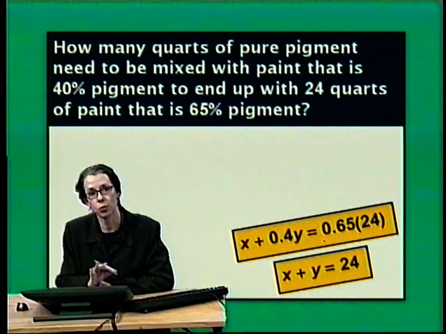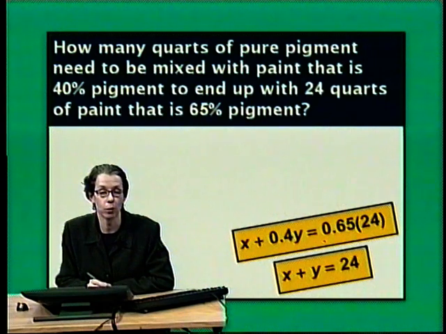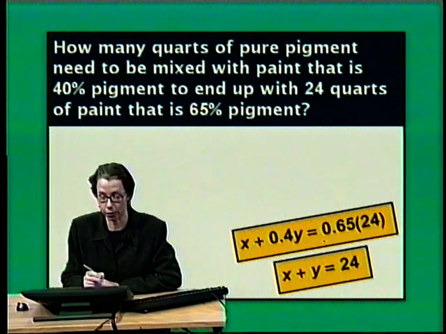Now I'm going to do this from start to finish. I'm going to start by defining the variables. I just used the table to help me understand the problem. So let's go.